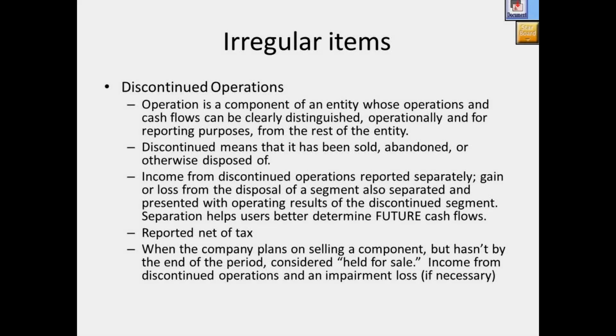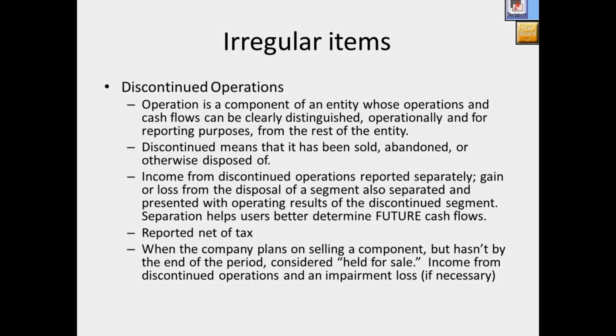Also, because the gain here had produced some of this operating profit, it makes sense to match them together, whereas any income from the operations that you're going to discontinue should be taken out of this, so that when I'm predicting the future, I'm not including stuff that doesn't exist anymore.